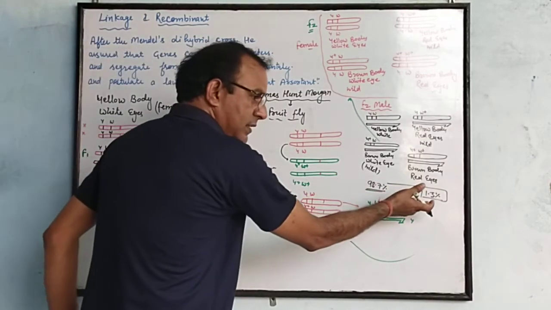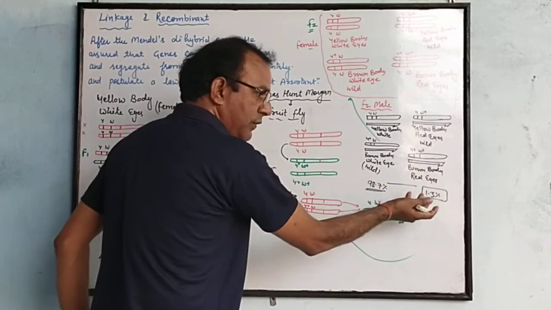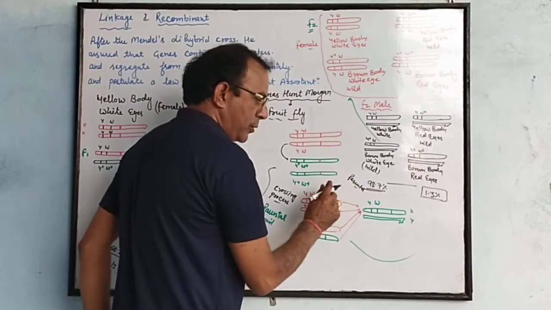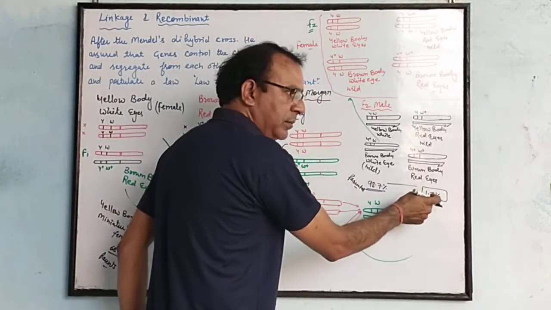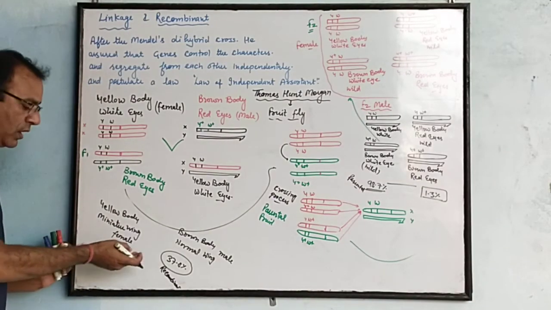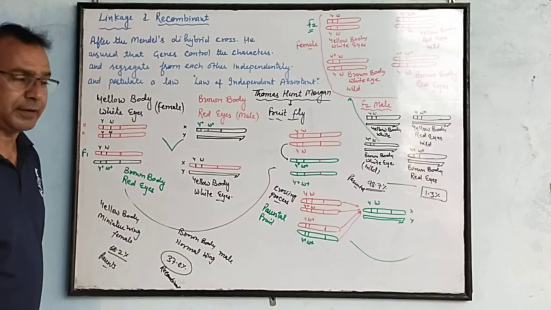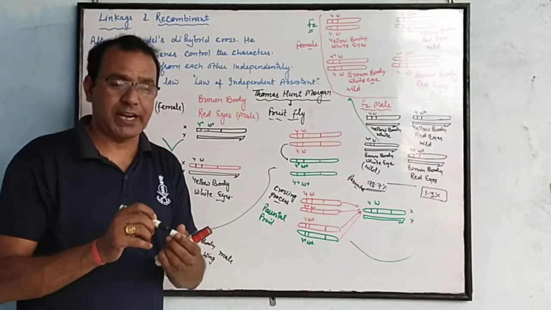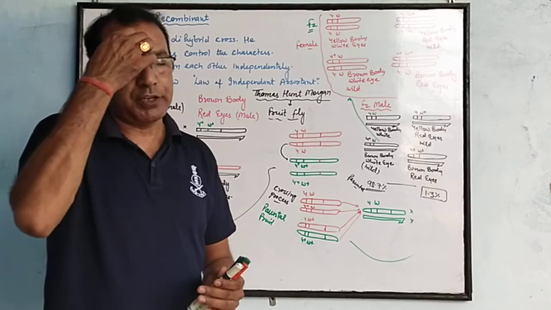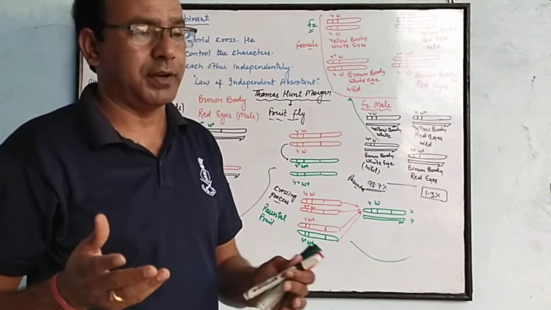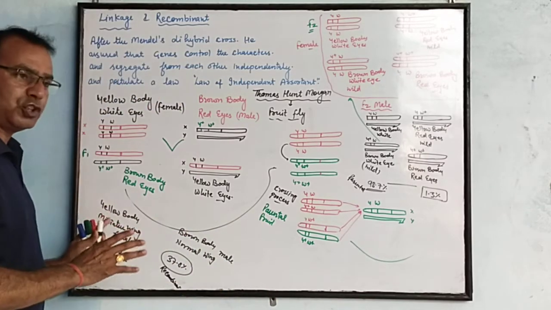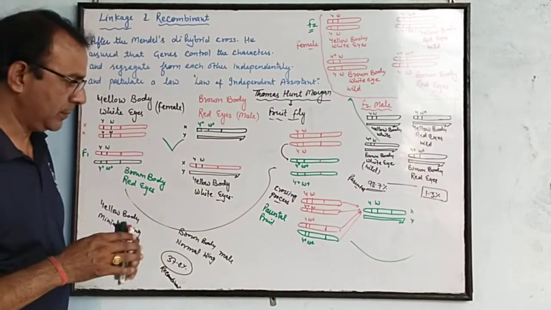So in this crossing the ratio is different: in the earlier one parental was 98.7 and recombinant 1.3, and here parental is 68.2 whereas recombinant is 37.8. After this experiment, he showed that Mendel proposed genes segregate every time, but the 9:3:3:1 ratio cannot be obtained every time. This depends on the position of genes on chromosomes.